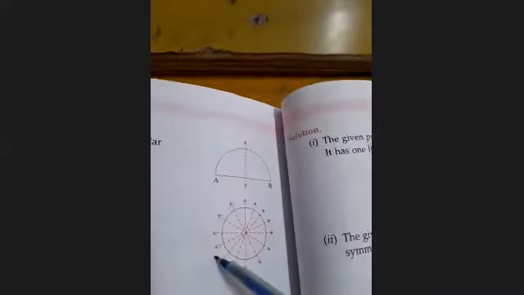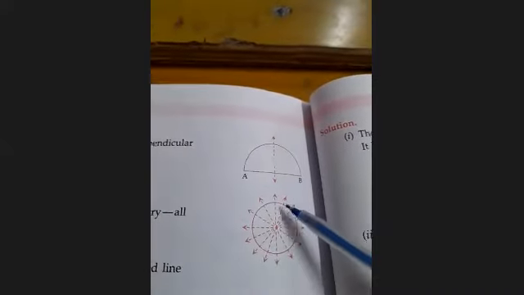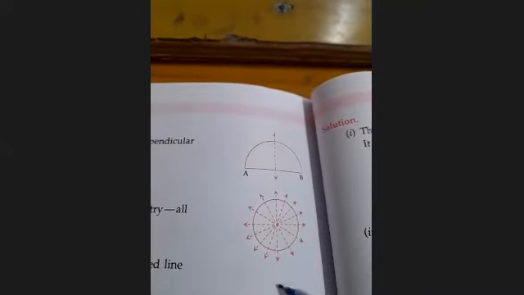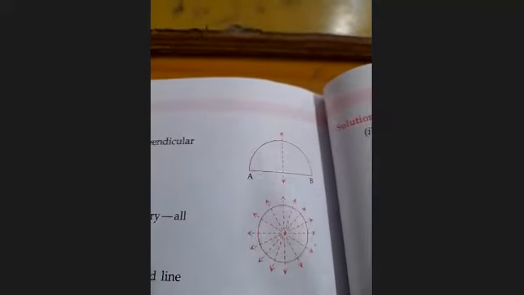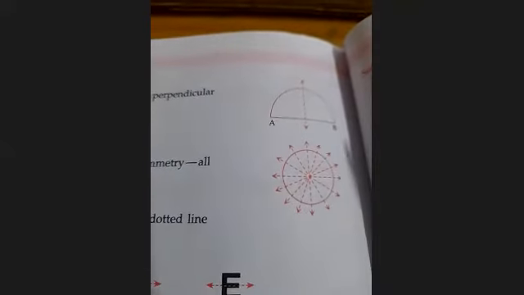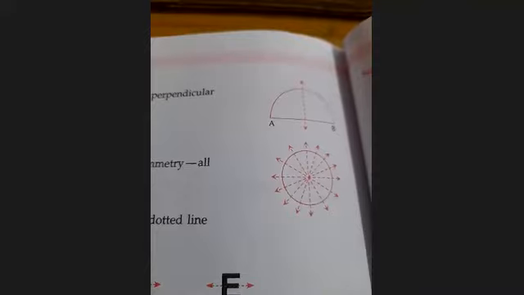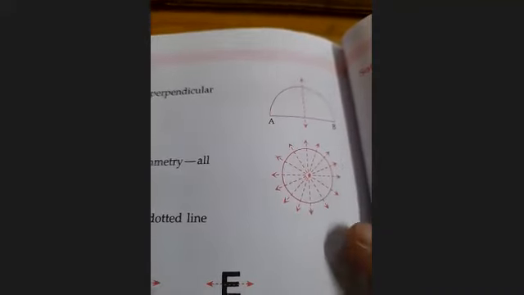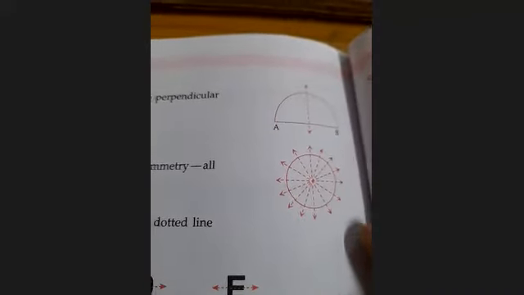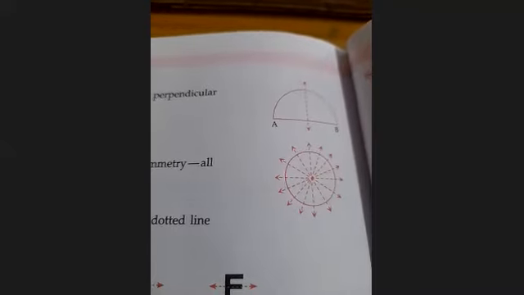You can draw unlimited lines of symmetry through the center touching the boundary.